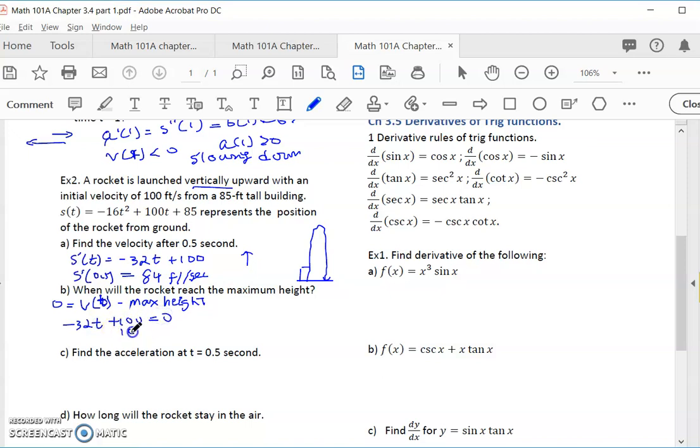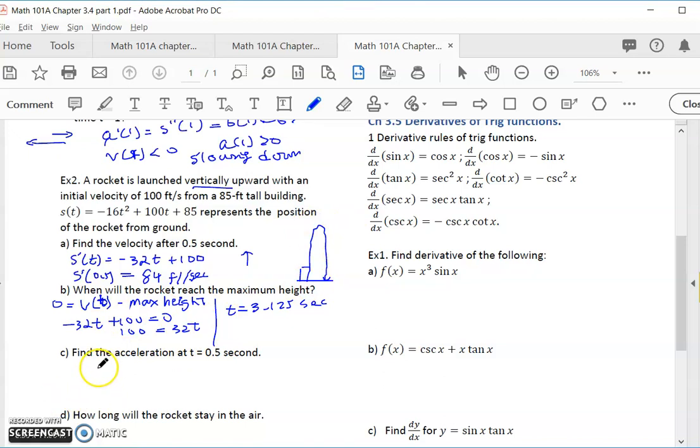That means 100 equals 32t. And after you solve it, t is equal to 100 over 32. That is 3.125 seconds. At this time, it's going to reach its maximum height. After about 3 seconds, it's going to reach its maximum height and begin to be pulled down by gravity.